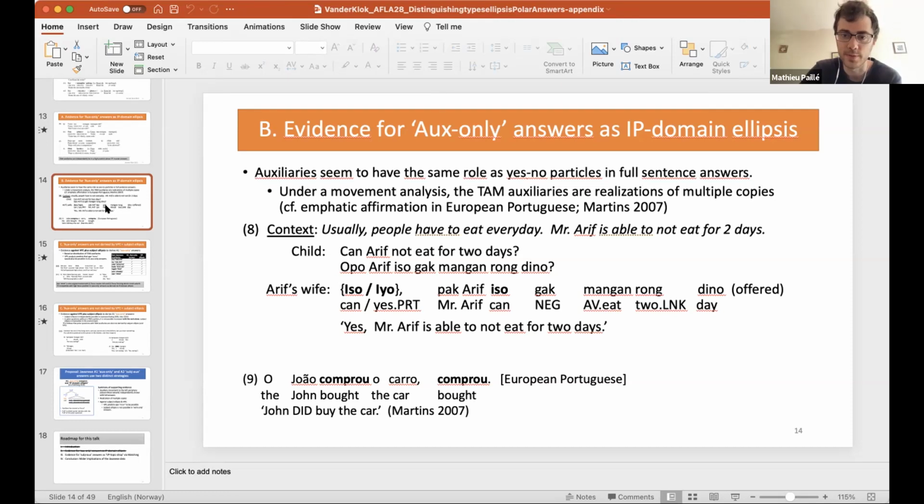We got a question from Mitchell. Thank you, Jozina. So I was wondering if you could tell us a little bit more about what you currently think or how we should think about the restrictions on which TAM markers are available with the subject auxiliary answers and with the VP preposing, right?